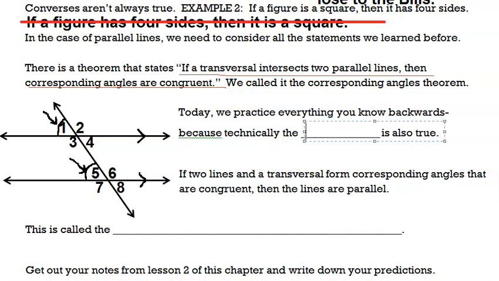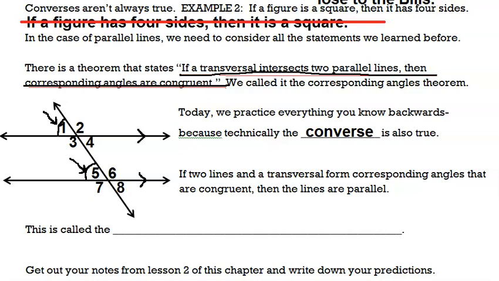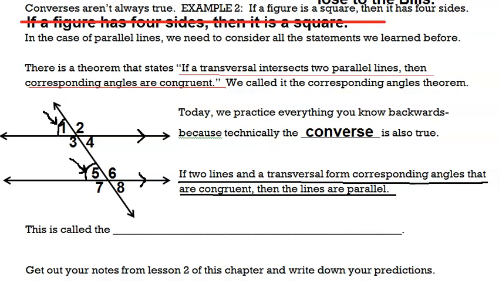Everything we did yesterday we can do backwards, because in this particular case, the converse is also true. So, look at it backwards. Now, instead of if the lines are parallel, then the corresponding angles are congruent, we're going to say if the corresponding angles are congruent, then the lines are parallel.